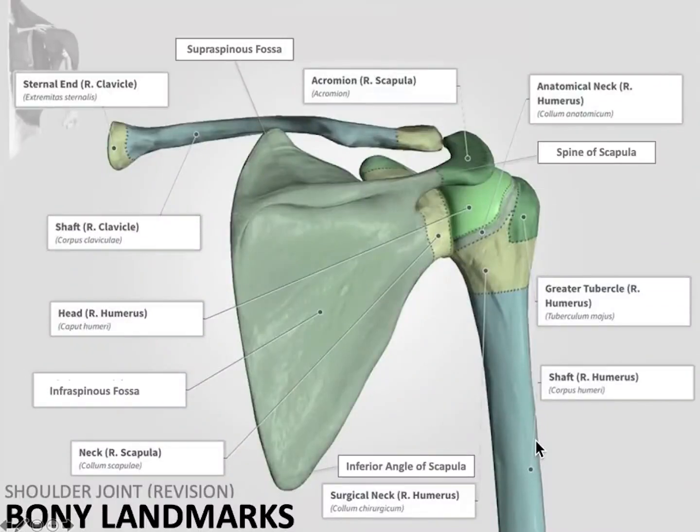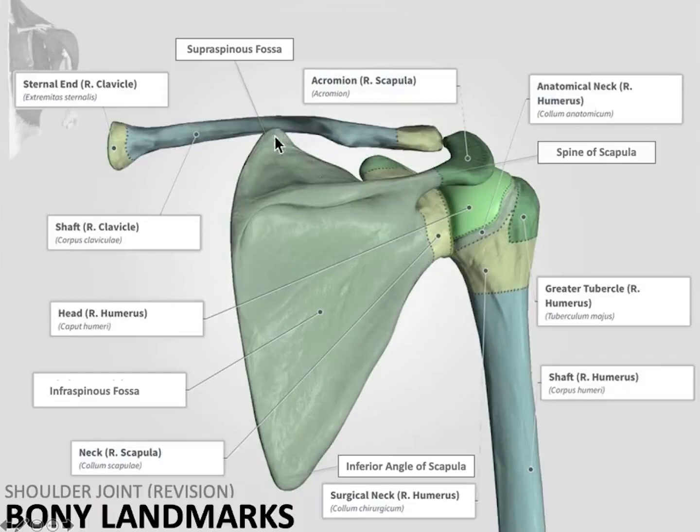This is just another illustration that is going to depict our important bony landmarks. So if we're starting off with our scapula, looking at a posterior view of the scapula, we have a couple of major borders. Starting medially, we have our medial border, we have our inferior angle, that will then continue as our lateral border.